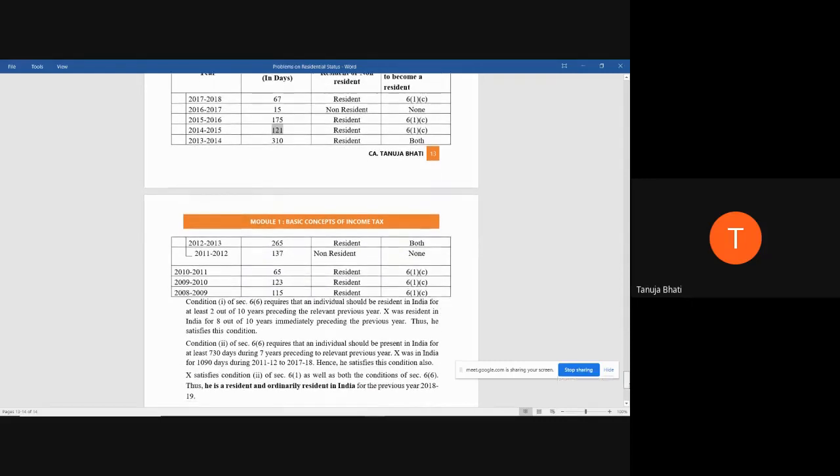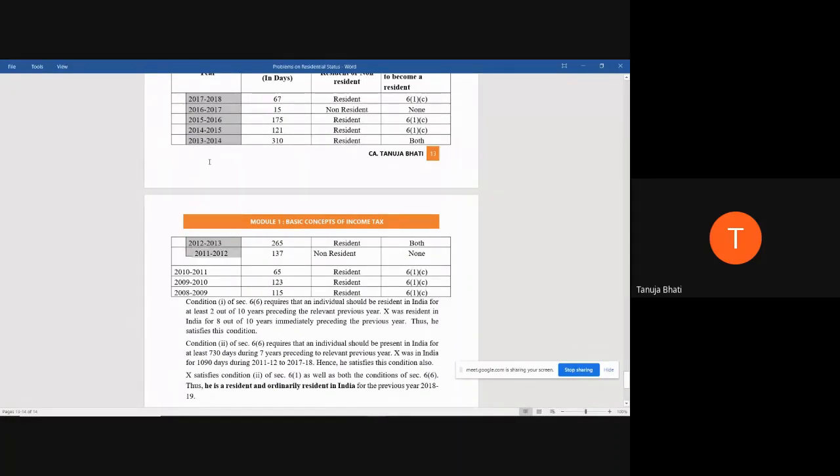Now let us see whether he satisfies the second additional condition. The second additional condition is that his stay in the last 7 years should be 730 days or more. Now the last 7 years will be 1, 2, 3, 4, 5, 6, 7.